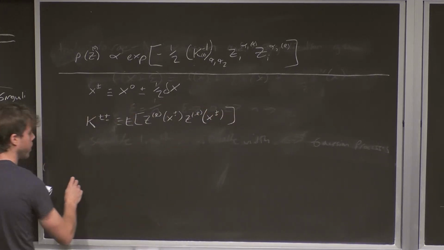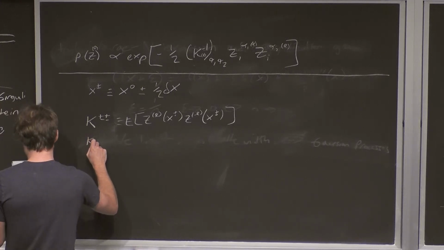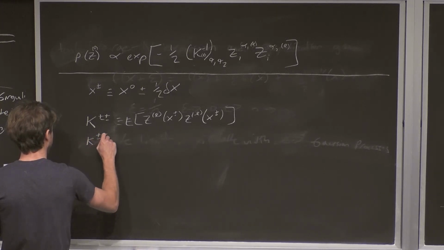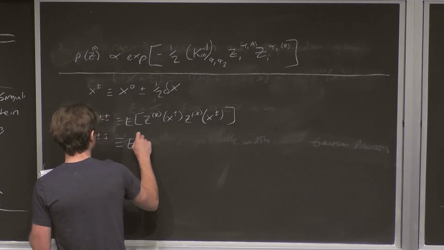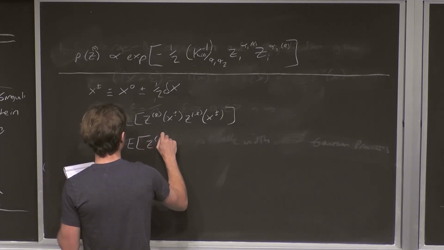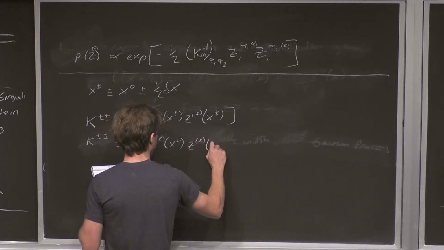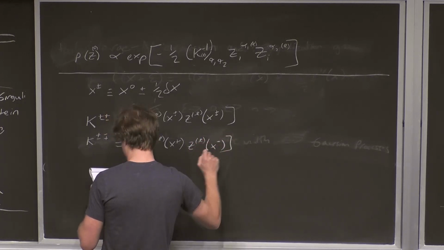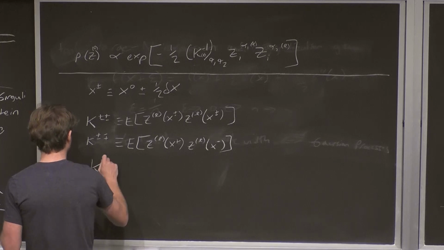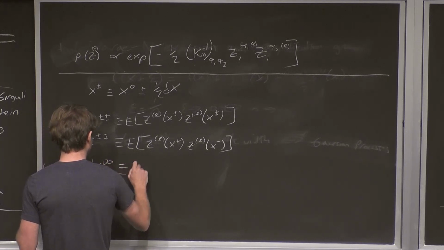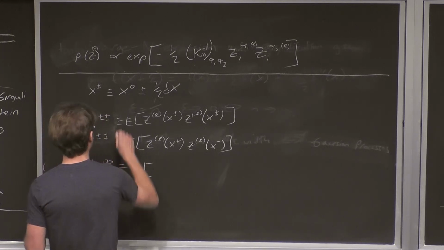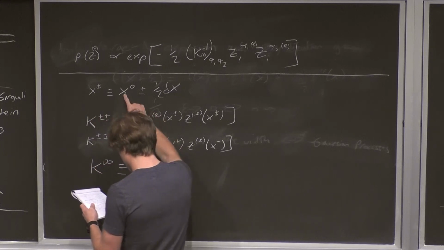This is just using the definition of the kernel. And then there's another object, x plus and x minus, which says how the two different inputs correlate. And then one other object that I'll define is just the correlation of the initial input x0 that we're perturbing around.